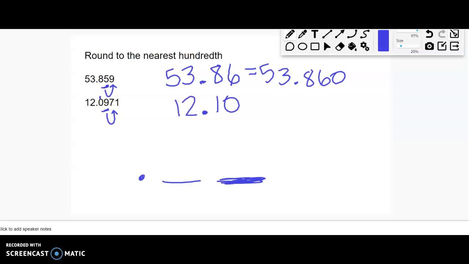So everything in front stays the same. If it helps, you don't have to write this, but just to write it bigger, what sort of happened, this 9 had to go up to a 10. So it's like it carried over to the next spot. Okay, so it is a 10. It just moved over a place. And then I could also just write 12 and 1/10. I could add on some more zeros. Lots of equivalent ways to write that decimal.